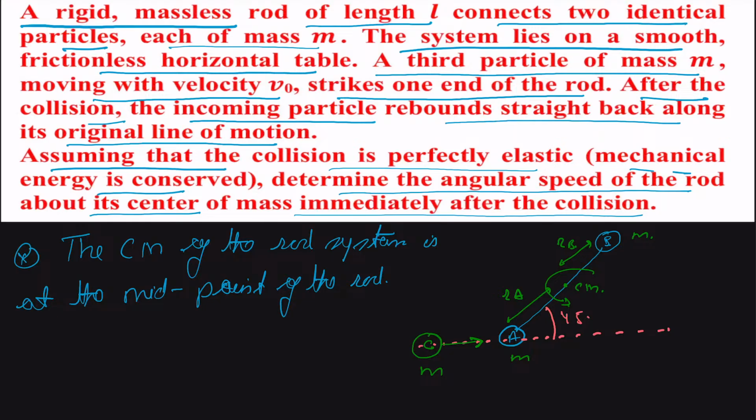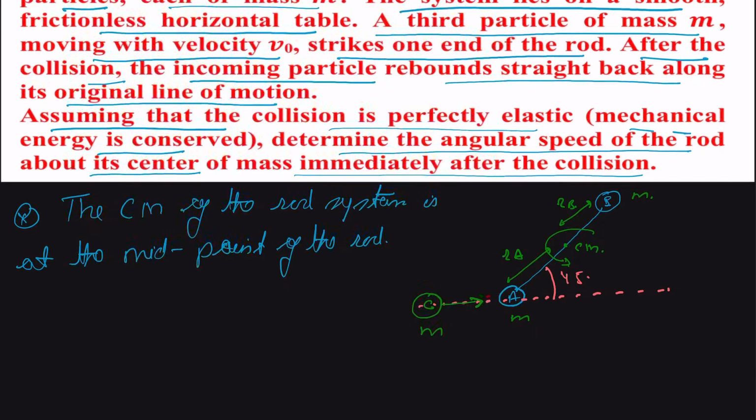Therefore we can write that our position vector from our center of mass to particle A, let us call this RA, and this RA will be nothing but the horizontal as well as the vertical coordinate.